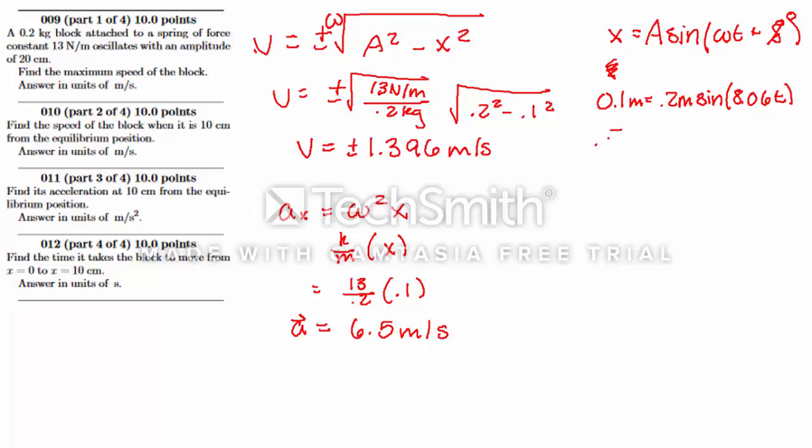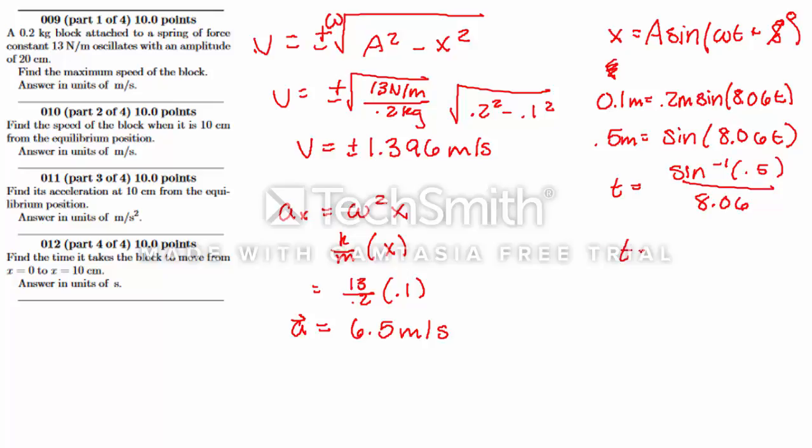So that's going to give us 0.5 equals sine 8.06 t. So t is going to equal inverse sine 0.5 divided by 8.06. It's going to give us a time of 0.065 seconds. And that's when it is going to reach 10 centimeters.